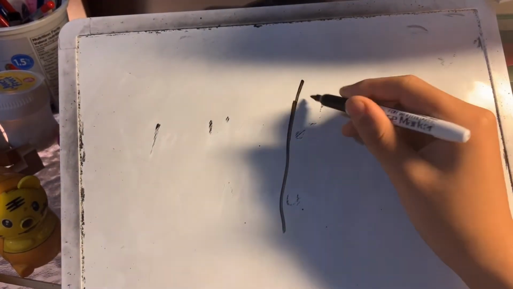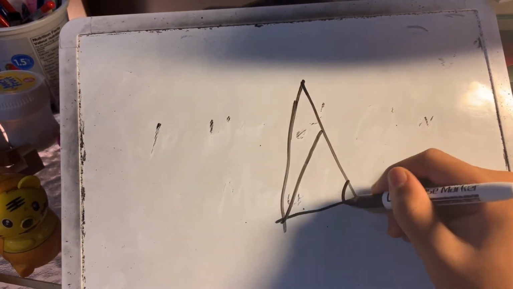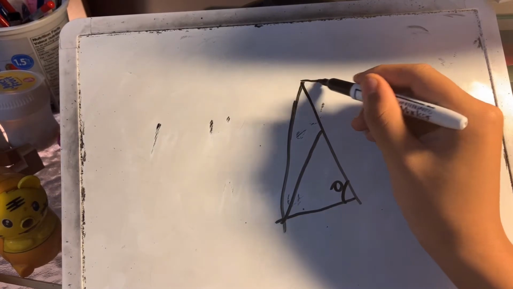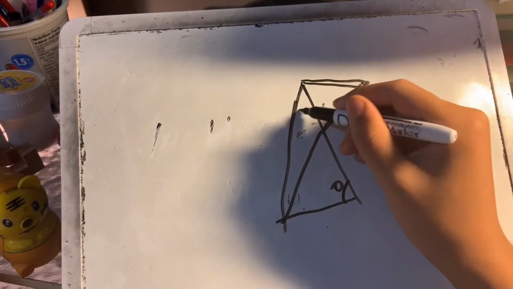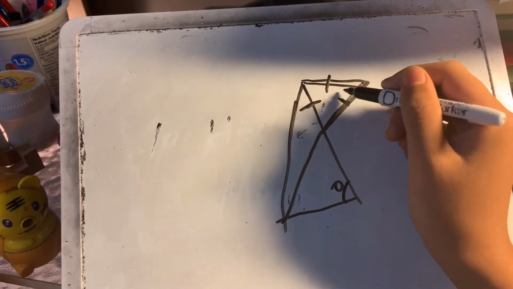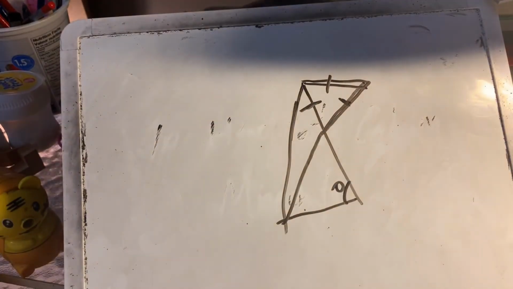I remember there is a problem like this, and we are required to find this. To solve it, you add an equilateral triangle, and now it will be easier to solve. This is an example of how it is used.